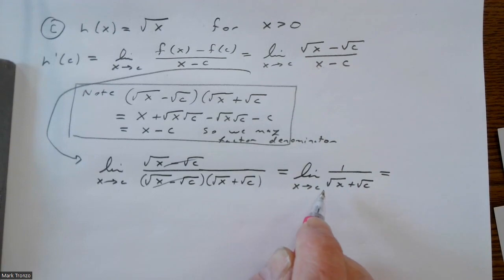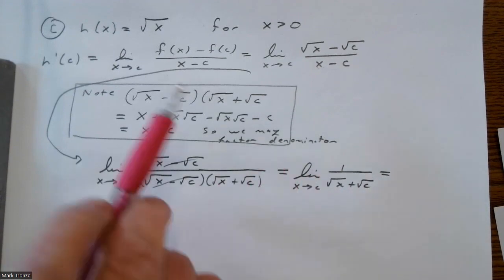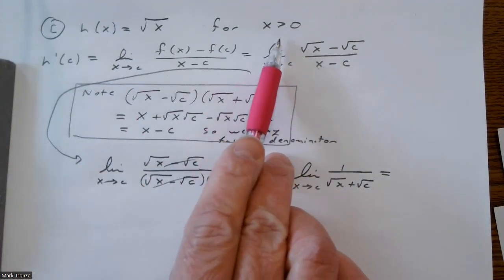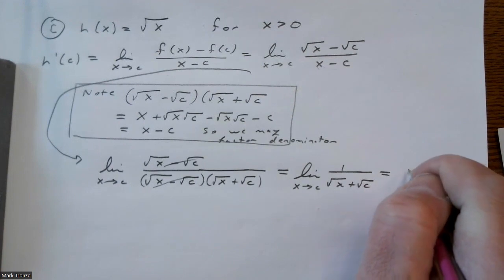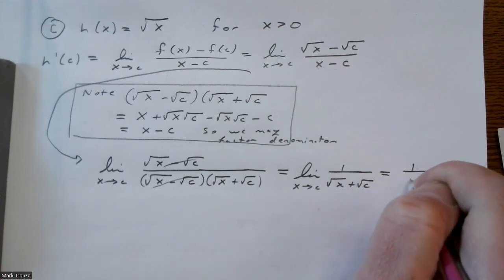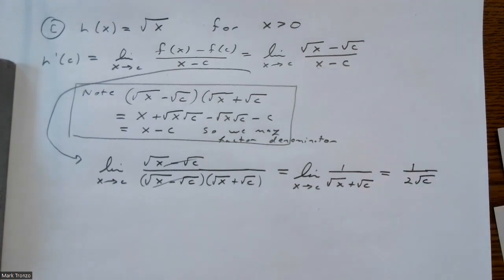And once again, oh yeah, up here we specified x was greater than 0. So when you get to this point, you can just plug in the limit, and that's going to give us 1 over 2 square root of c, like that. Any questions on that?